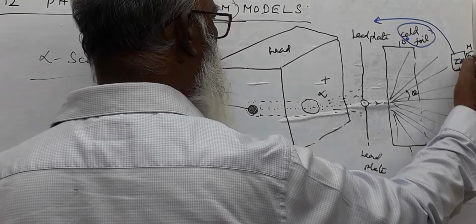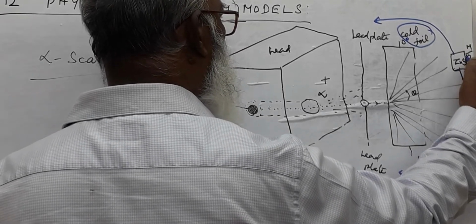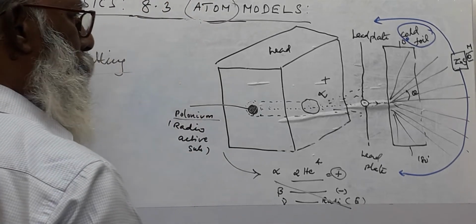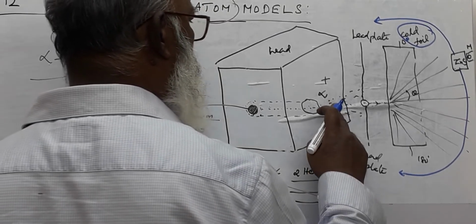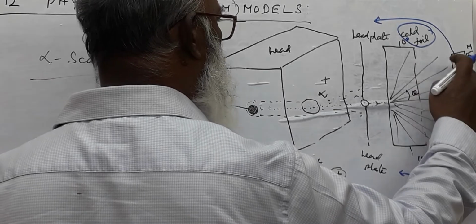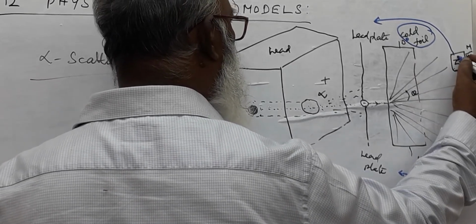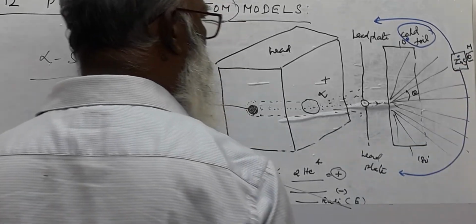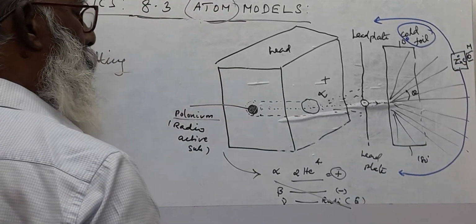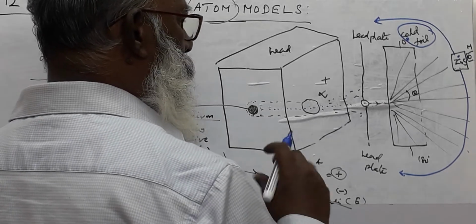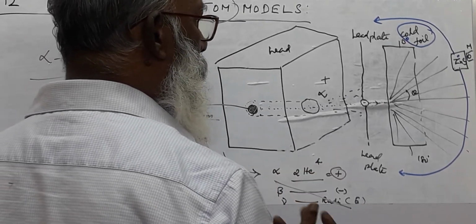This is a setup arrangement attached with the microscope. What is the use of the microscope? Whenever the alpha particle hits the surface of the zinc sulfide, that point is illuminated, that point glows, a spark happens.